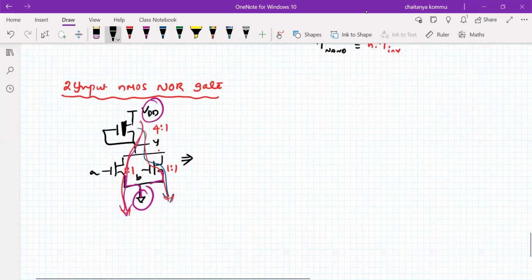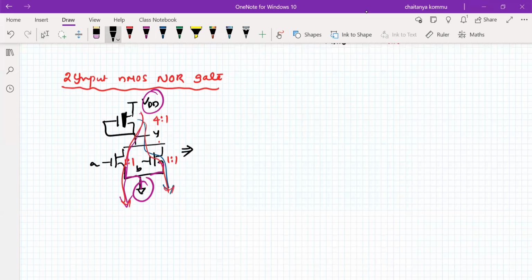So instead of using this NMOS gate, we use CMOS technology. CMOS technology is not a ratio logic; it is a ratio-less logic. So the W/L ratio of the pull-up network and pull-down network is not necessary to maintain unless otherwise specified.